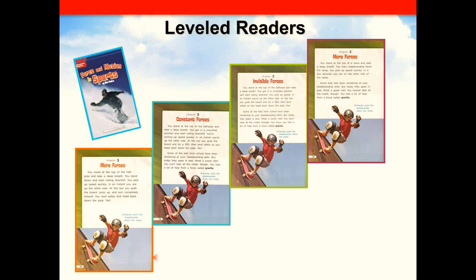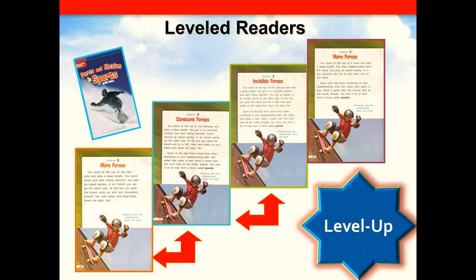So how is this useful? Well, let's look at the approaching level student, just for an example here. Ideally, during small group differentiated instruction time, these students will read the approaching level book the first 3 days of the week. After that, we level up the reading complexity by having them read the on-level book the remaining 2 days of the week.